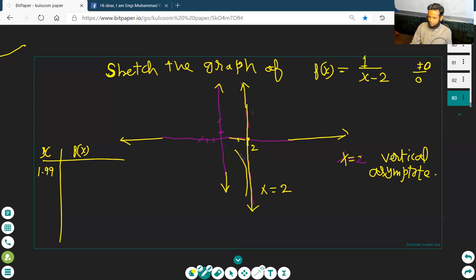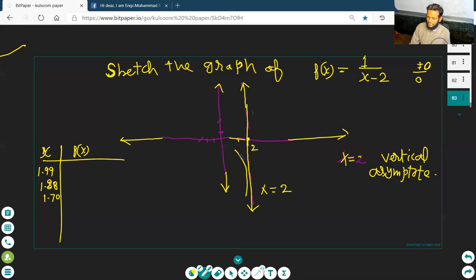Closer to 2, on left side. 1.8, okay? 1.7. Closer values we are checking. Okay, 1.80, 1.88, 1.70. Clear? And then you increase.